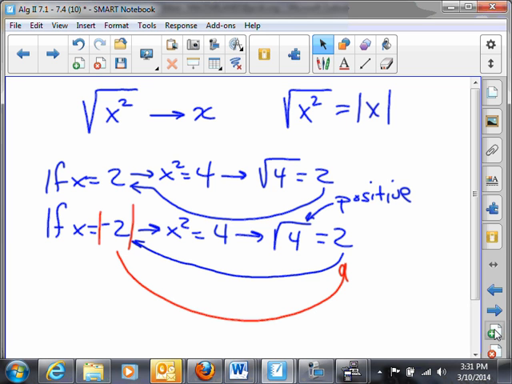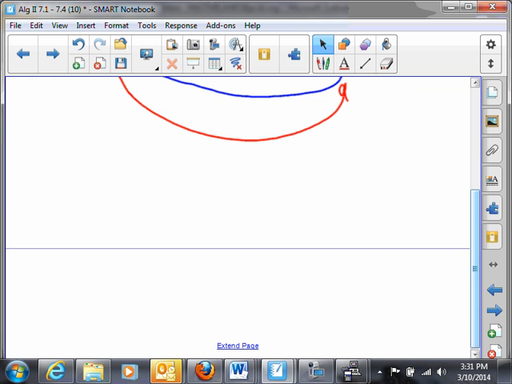Now, here's the rule. Whenever the index is even and the exponent inside is even and the exponent outside is odd, then we put absolute values around that part of the factor. Let's see if I can illustrate a couple of these.